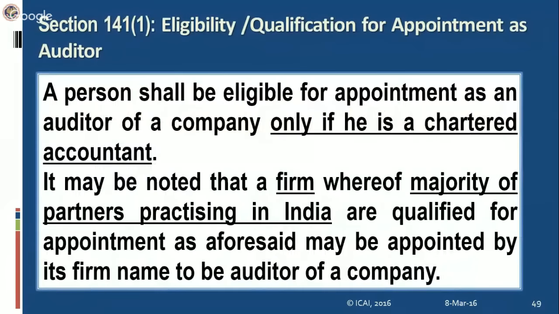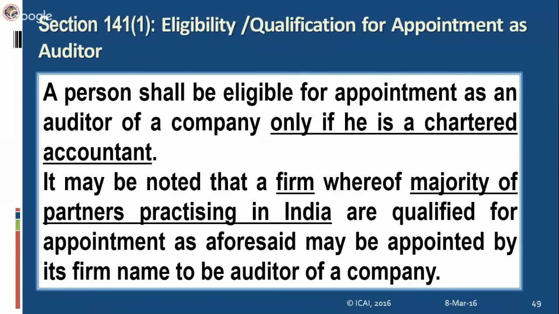Section 141, subsection 1: a person shall be eligible for appointment as an auditor of a company only if he is a chartered accountant. Means only a chartered accountant will be eligible for appointment as an auditor of a company. And in case a firm is appointed, the majority of partners practicing in India are qualified for appointment as aforesaid.